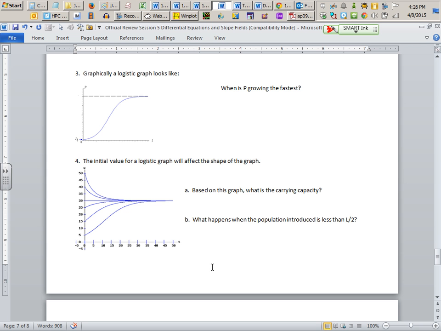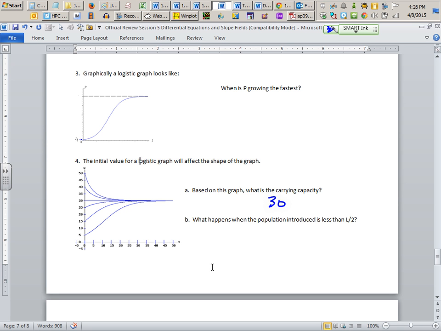Does this graph make more sense to you now? Okay, so this is several scenarios of what's happening. Based on this graph, what is the carrying capacity? 30 butterflies, obviously. What happens when the population introduced is less than L over 2? Well, we start out with rapid growth. Okay, so if you want to fill this in, you could just put 30.